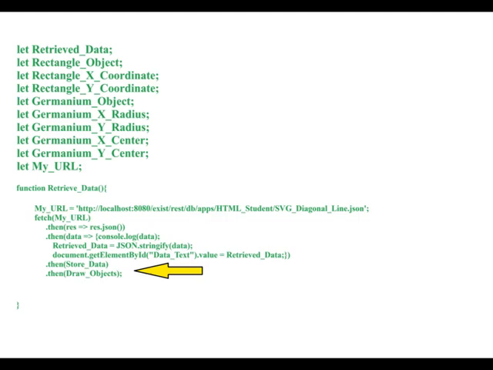If you don't send the data from the function you're in right now to the store data function, the store data function will never get it. You have to physically send it there. And that's what we did.